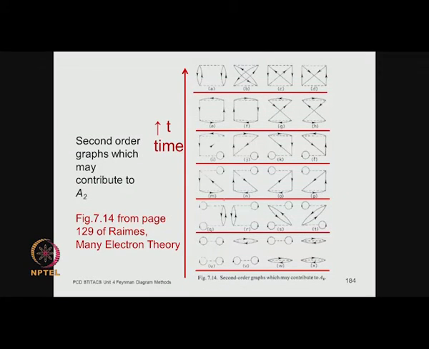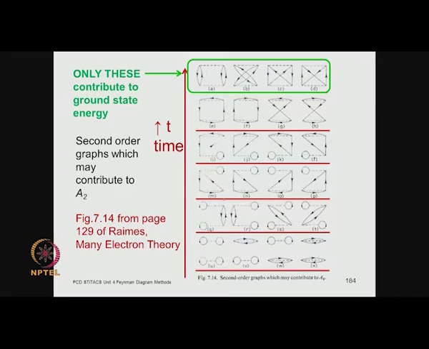What will only contribute are the diagrams which are in the top row in this. Okay. So, these are second order diagrams. There is a time t1 here and this is the time t2 here. So, this is the time t1 at the lower edge and this is the upper edge. So, these are the two time parameters t1 and t2, and only these contribute to second order diagrams.